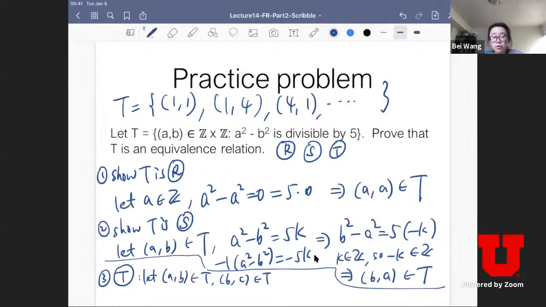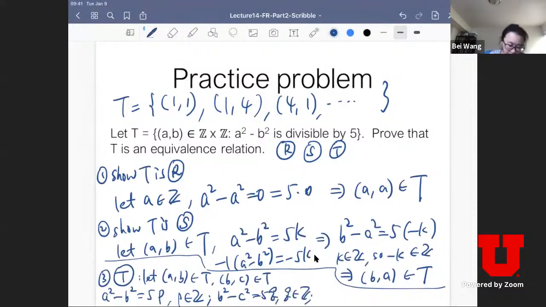We eventually want to show that (a, c) is in the relation. We use the definition of this relation, which is a squared minus b squared is divisible by 5. Because (a, b) is in the relation, a squared minus b squared is equal to 5p for some integer p. Similarly, b squared minus c squared is 5q for some integer q.